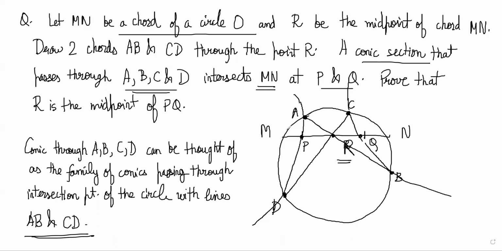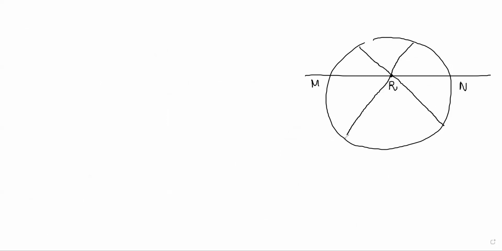So what we'll do is we'll set up the coordinate system and try to approach this in a systematic way, right? Let me just draw the figure here again. This is M, this is N, this was R, this was my AB, and this was CD.